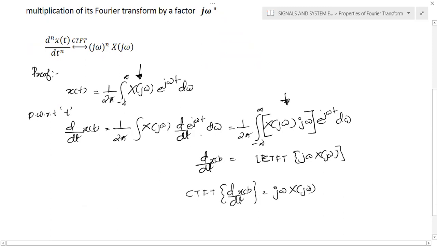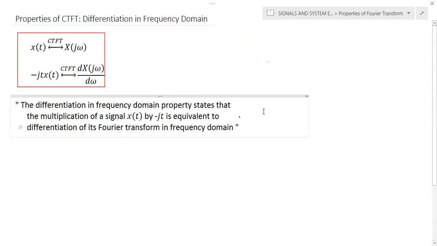Now we will discuss another property, that is the differentiation in frequency domain. It's very important, don't get confused with the time domain and frequency domain. Now we will differentiate with respect to omega, that's the right hand side of the equation. Here x of t is a signal whose transform is represented by X of j omega.